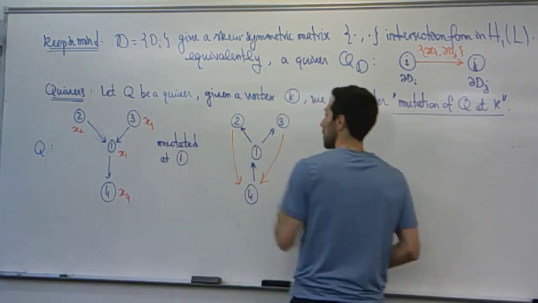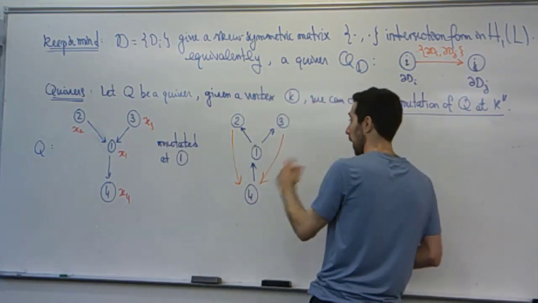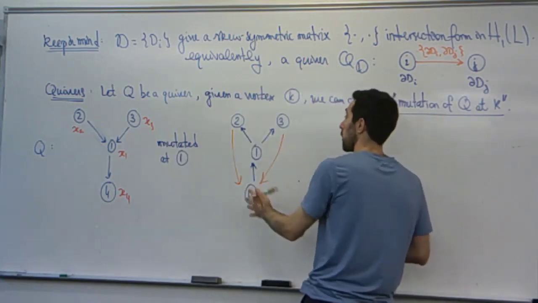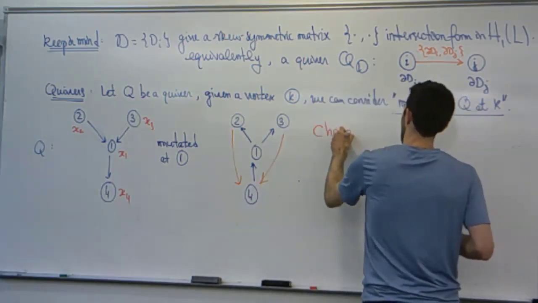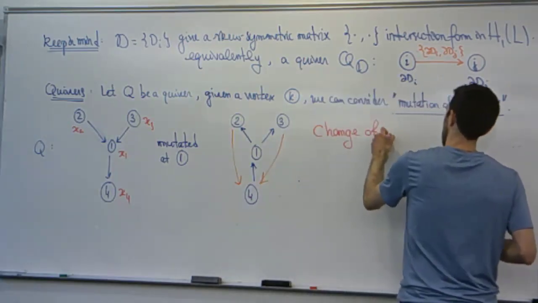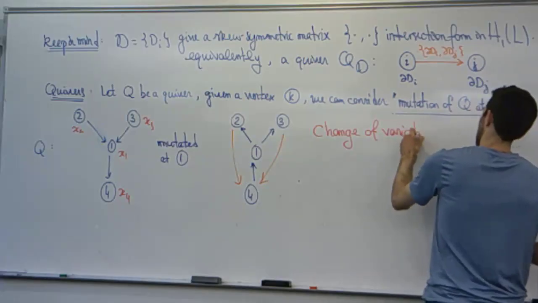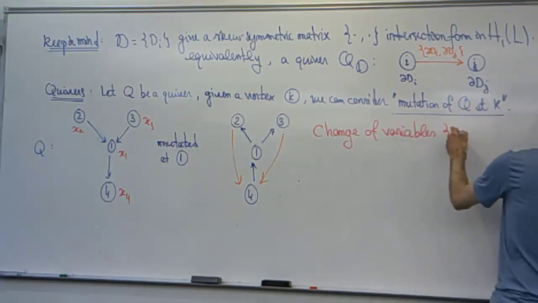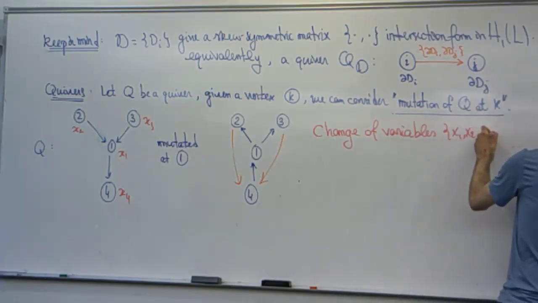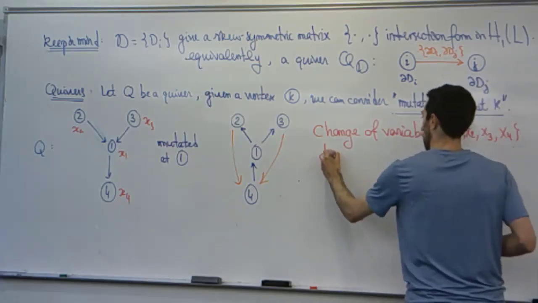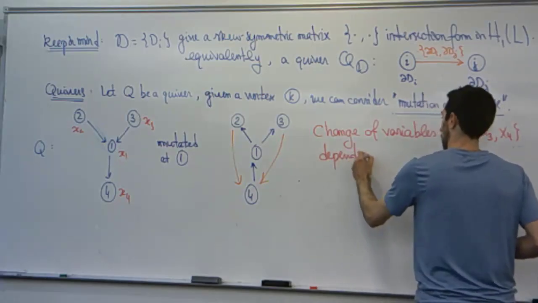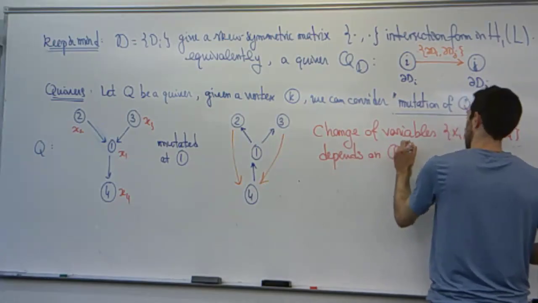And now, when you mutate in here, you're going to change according to a certain formula, which depends on the quiver. So the change of variables for your initial set, x1, x2, x3, x4, depends on Q.